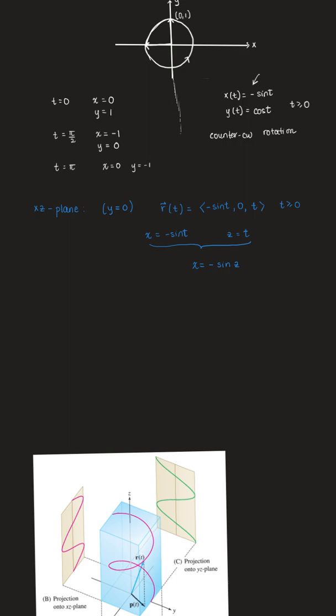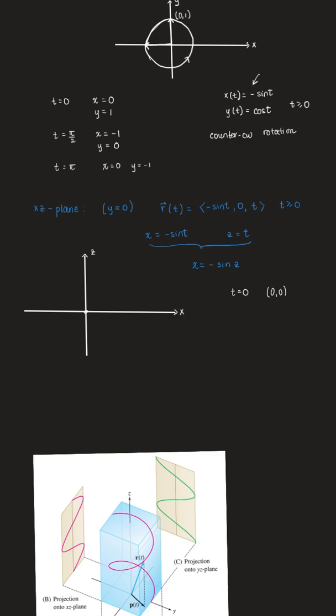If we think about our projection here on the xz plane, it depends on which axis I decide is which. I'm going to choose my x-axis to be the horizontal axis and my z-axis to be the vertical. And this is going to travel along the z-axis, and it's negative sine. So maybe we should put in a few points so I don't make a mistake. When t is 0, that's where we start, we would get negative sine of 0. So the x-coordinate of the head of the first vector will be 0 and z is 0.